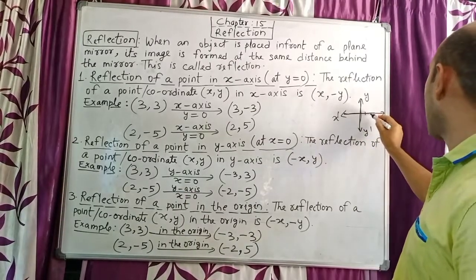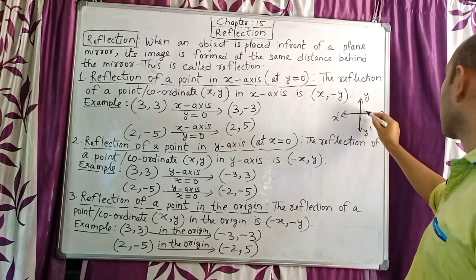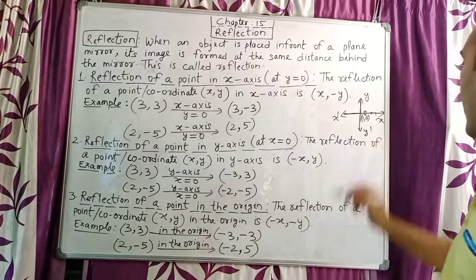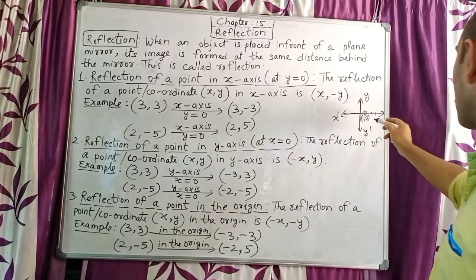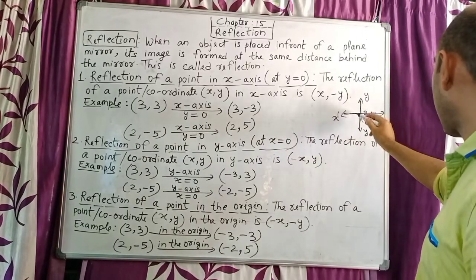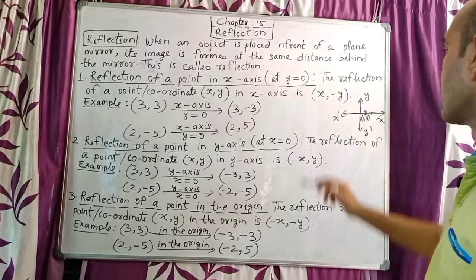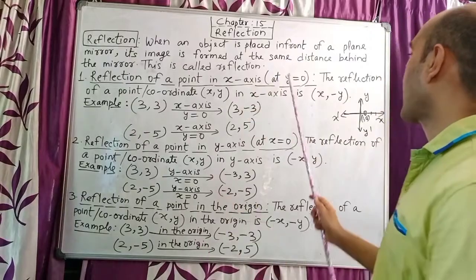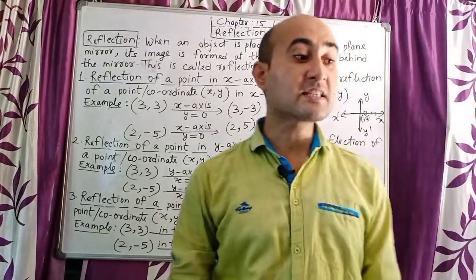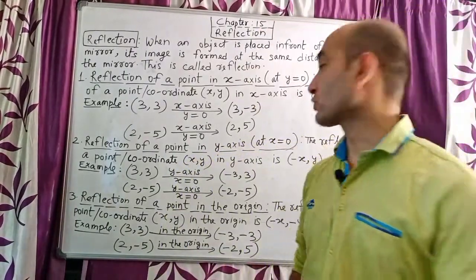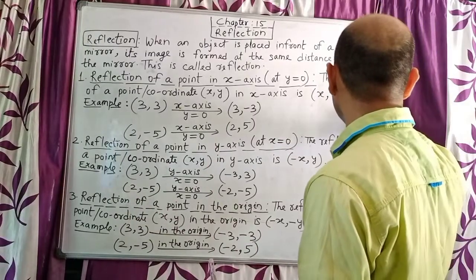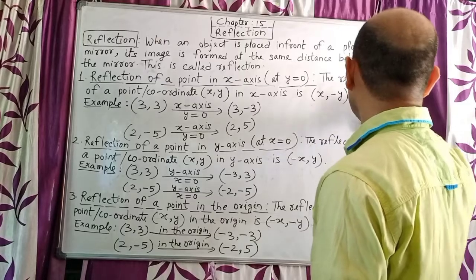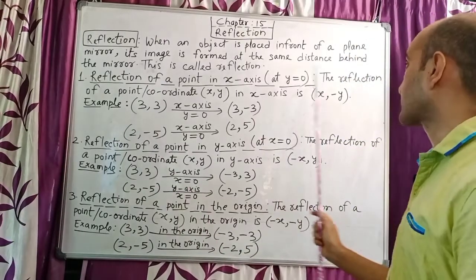In the x-axis the value of y is 0. Suppose this is 1, 2, 3, 4, then this point is called 1 comma 0. So what do you see here? In this x-axis the value of y is 0. That's why reflection in the x-axis and y equal to 0 mean the same. Now children, I will teach you the formula of reflection in the x-axis.